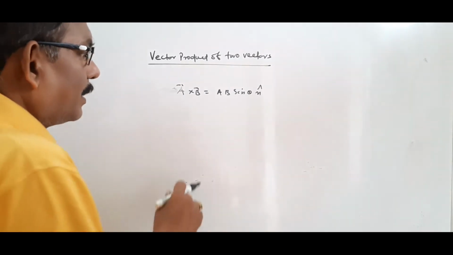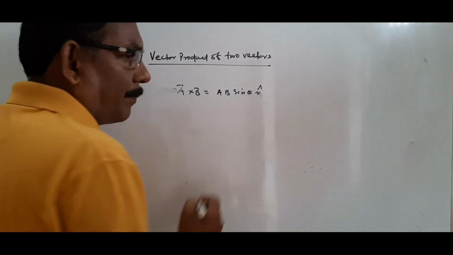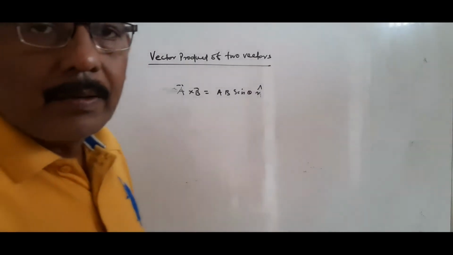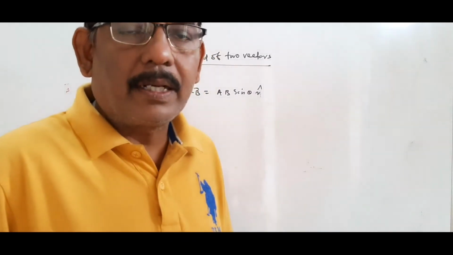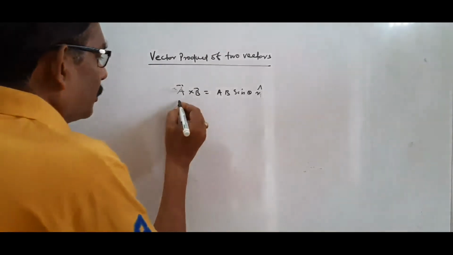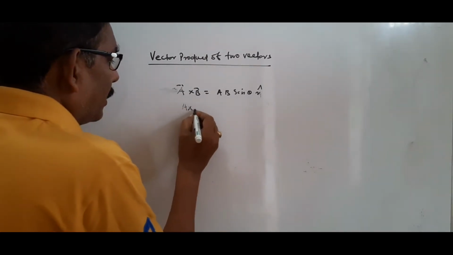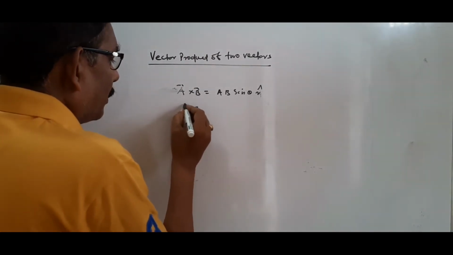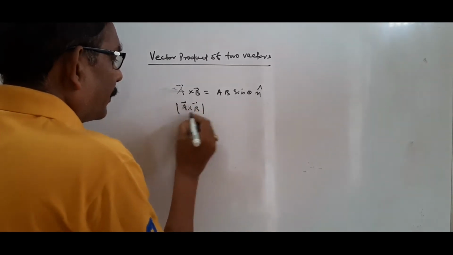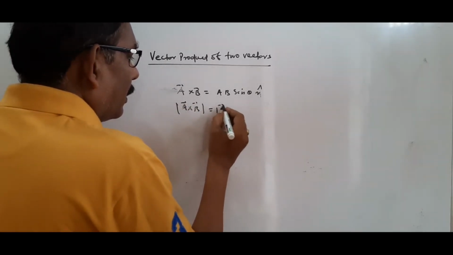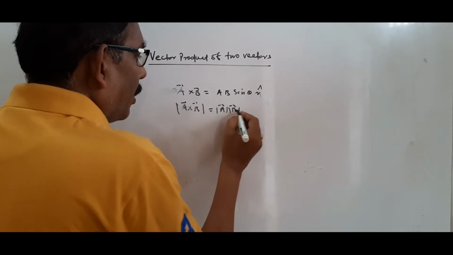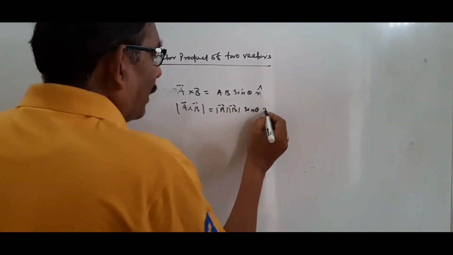Here n cap is called the unit vector perpendicular to the plane containing the vectors a and b. So now, the modulus of a cross b equals modulus a, modulus b, sin theta, modulus n cap.